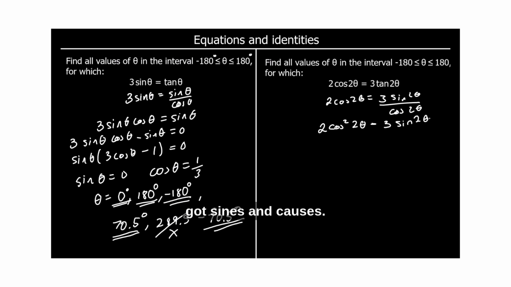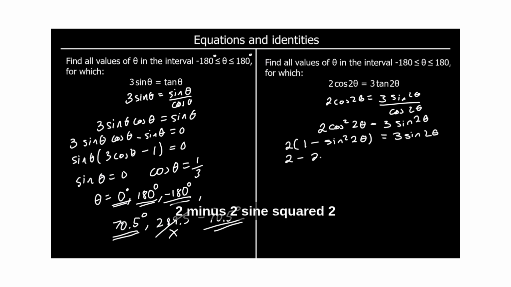We've got sines and coses. This time we're going to need to change cos into sine using the sine squared plus cos squared equals 1. So it's going to be 2 times 1 minus sine squared 2 theta equals 3 sine 2 theta.